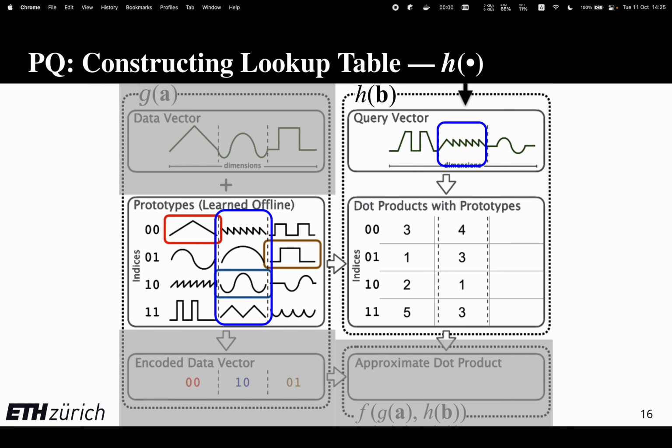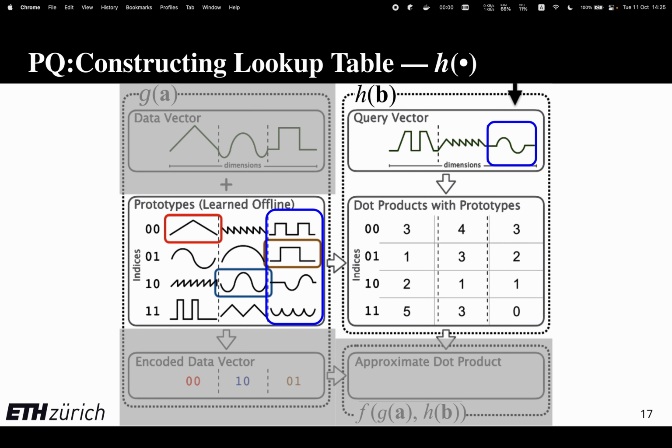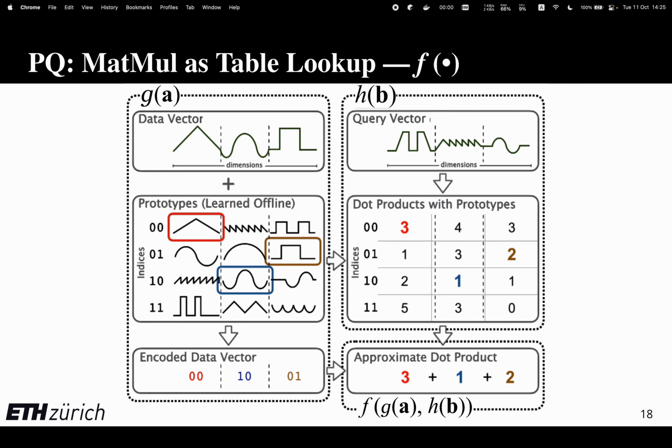And we do the same for the second column, and we note down the dot products, and so on and so forth. So now what we've done is we pre-computed all the dot products in our table. We store them in our memory. And now when it comes to the actual computation, we have the encoded data vector, right?